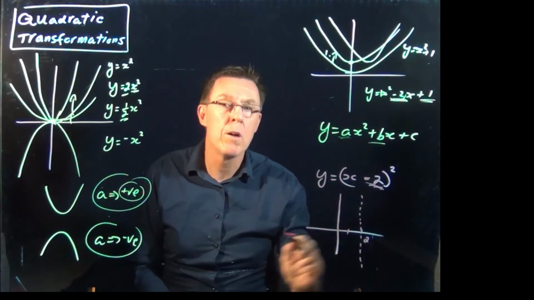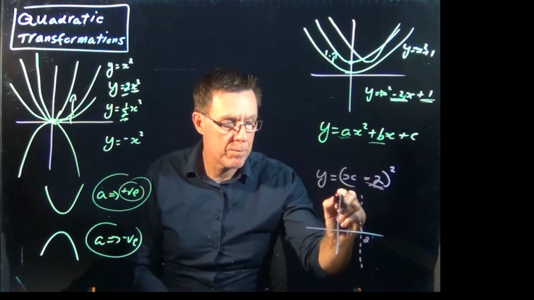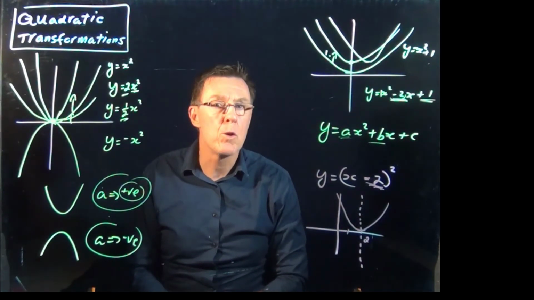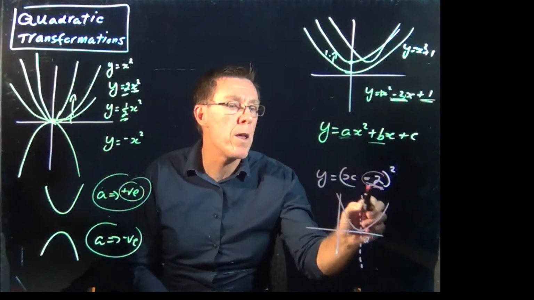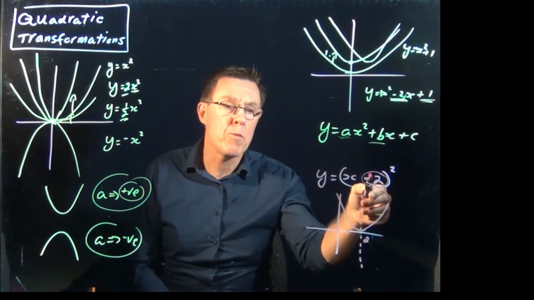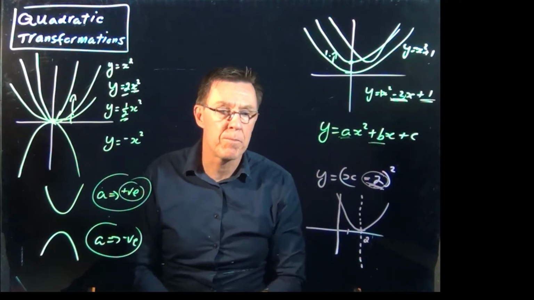So there is now my line of symmetry. And once again, a little investigation in class, you can work out why a negative number in here shifts the graph to the right, and why a positive number in here would shift the graph to the left.